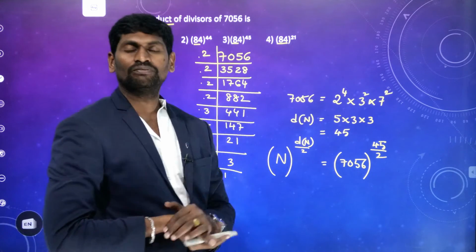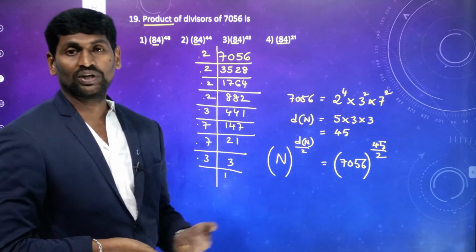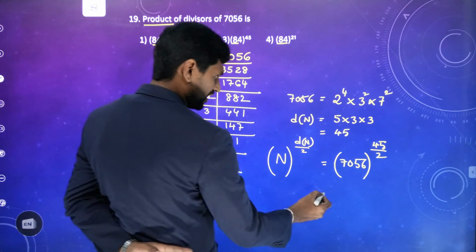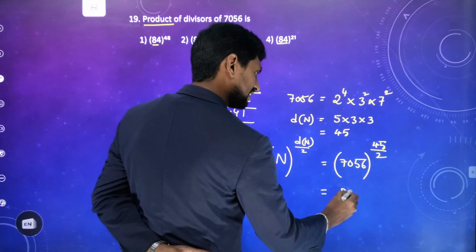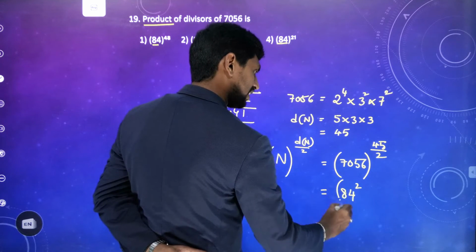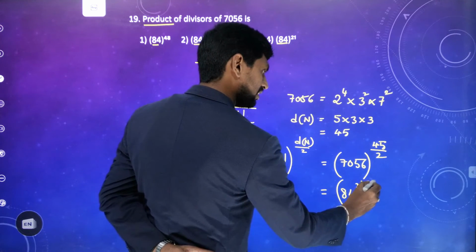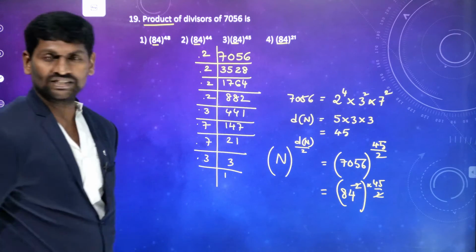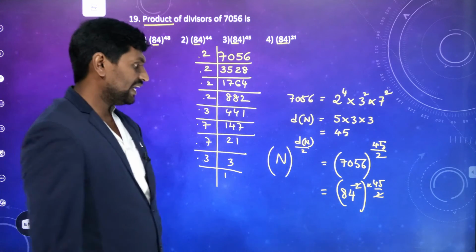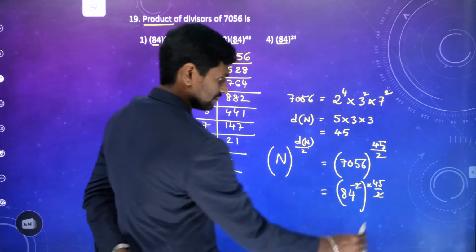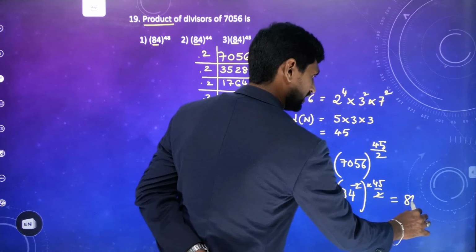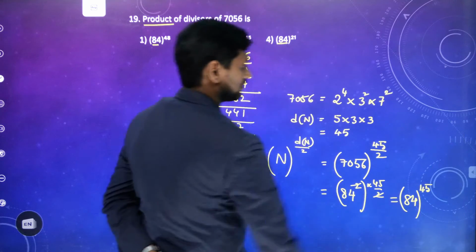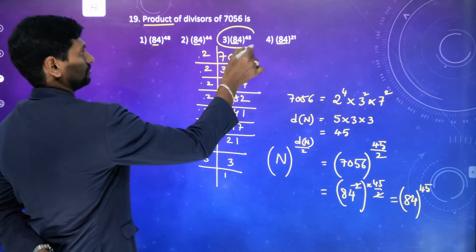Simply, 7056 is nothing but 84 square, since 84 84s are 7056. Writing 7056 as 84 square and the whole power 45 by 2, both exponents cancel. So what remains is 84 power 45. The answer is 3.